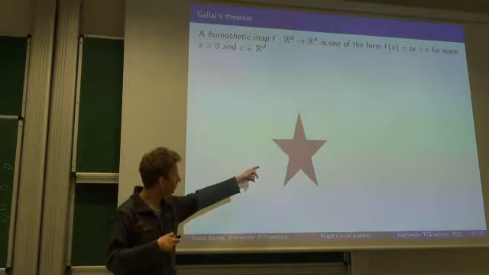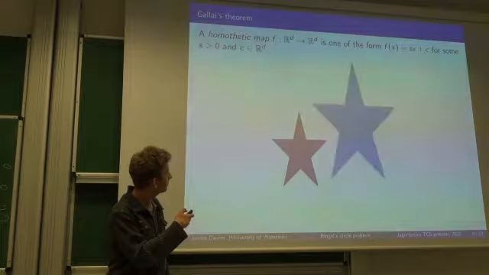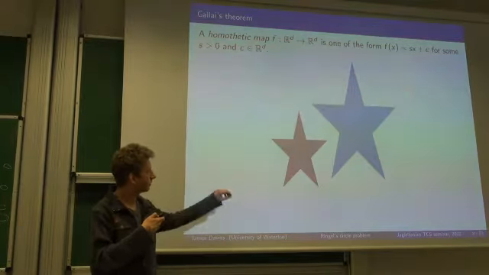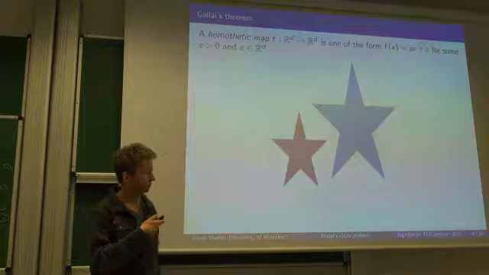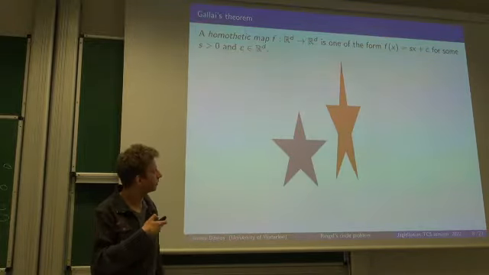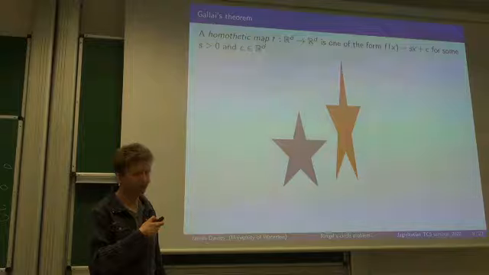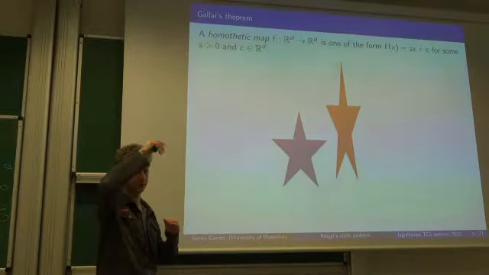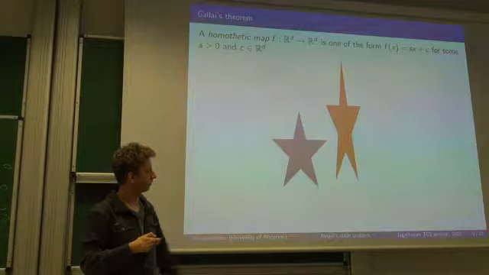As an example, with this purple star, this blue star will be a homothetic copy. We get there from a uniform scaling and translation. But this red star is not a homothetic copy because our scaling is not uniform. We've only scaled in the y-axis and not the x. So it's not a homothetic copy.